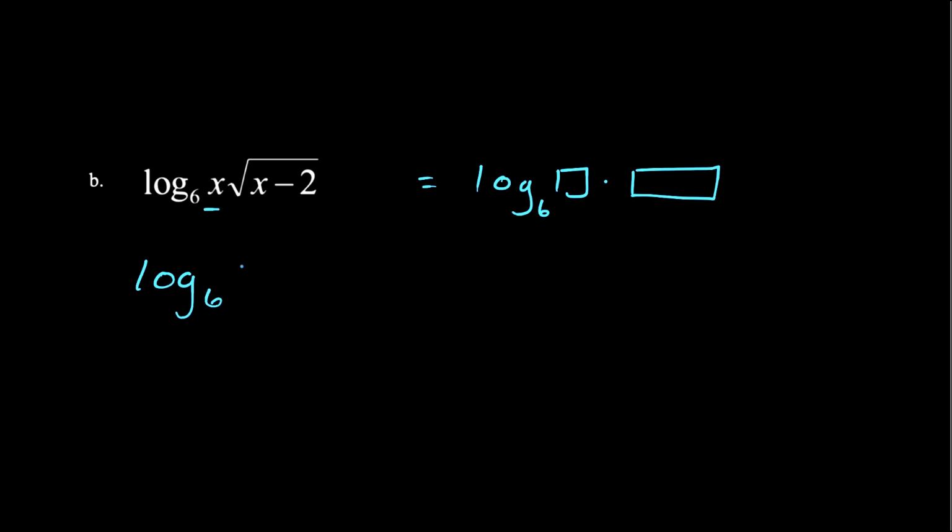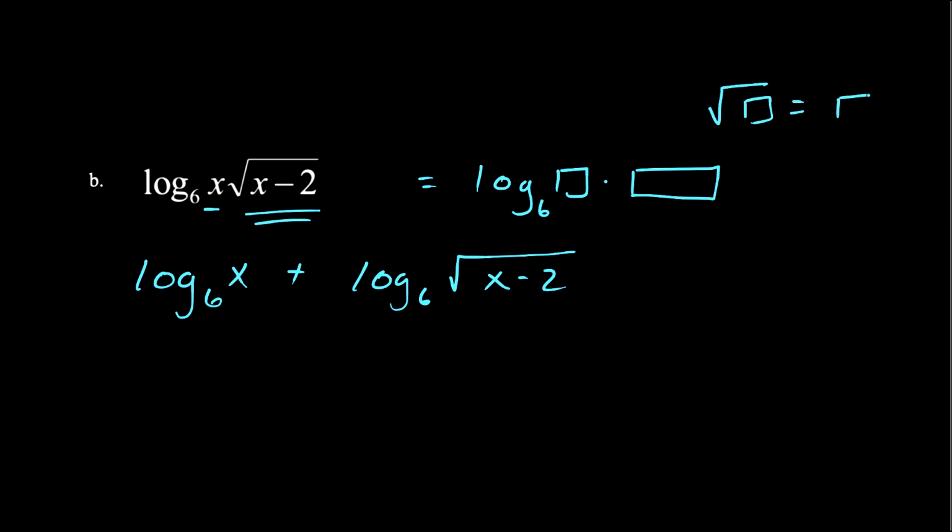Our first piece was x plus, now here's our second piece, log base 6 of the square root of x minus 2. Now that square root may bother a few people, but just remember the rule that when you have the square root of a value, that's the same thing as that value to the 1/2 power. So now we're going to get an exponent involved here.